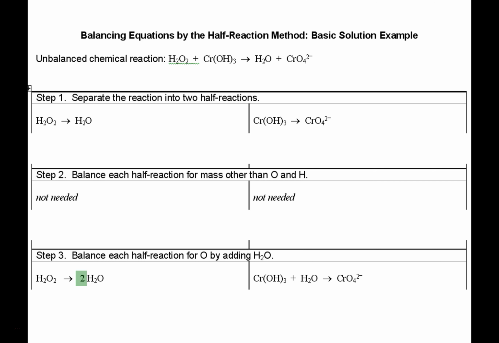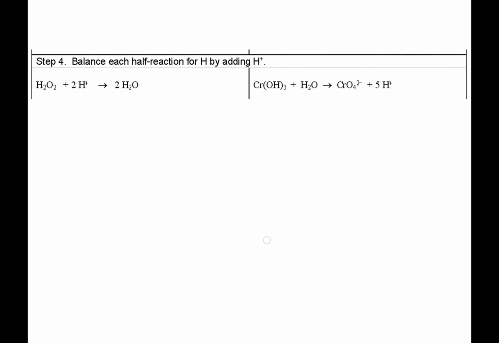Isn't that fun? And then over here, on the other half reaction, looks like we have 3 oxygens and 4 oxygens. We need to fix it, add 1 more oxygen there. And then the next step is we fix our hydrogens. We do that assuming it's in acidic conditions. So we introduced 2 hydrogens by adding 1 water molecule, so we need to add 2 H pluses over there.